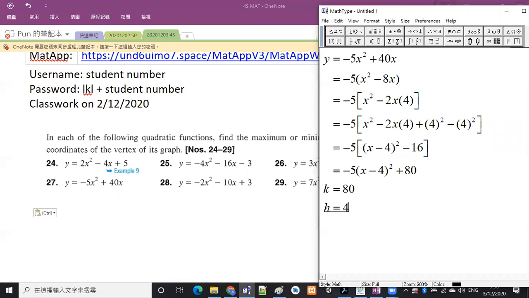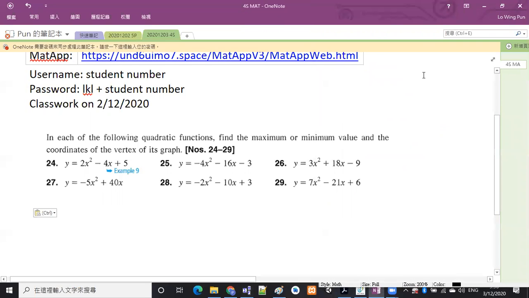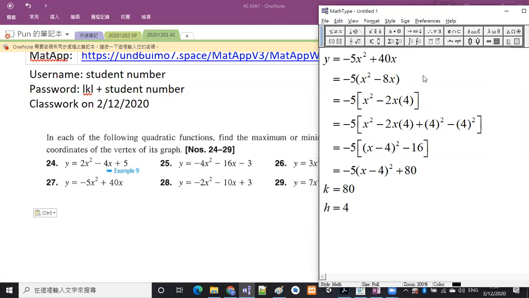Okay, and when you have the h value and the k value, you can answer the question very easily. The question asks you to find the maximum or minimum value. Okay, in this case, because A is -5, which is a negative number. Negative number means the graph opens downwards, and then there is only a maximum point.